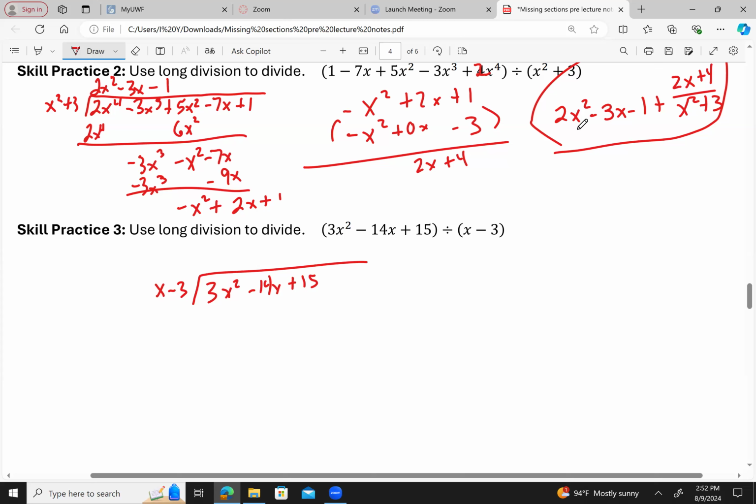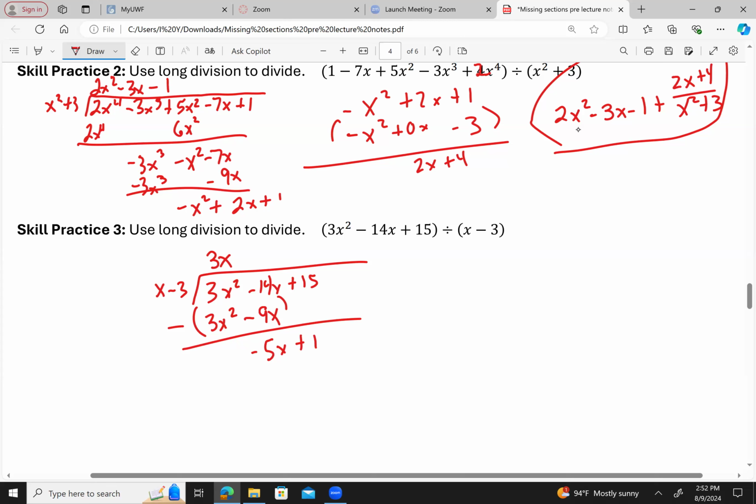Now x times what gives me 3x squared? That would be 3x. 3x times x is 3x squared. 3x times negative 3 is minus 9x. Subtracting this, negative 14x minus a negative 9x gives me negative 5x.